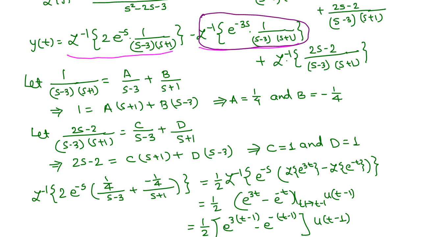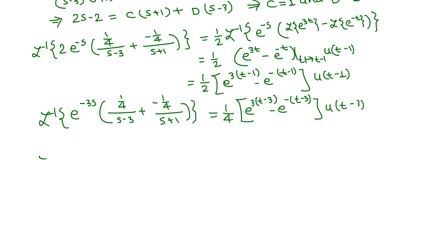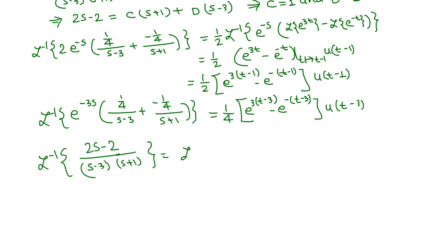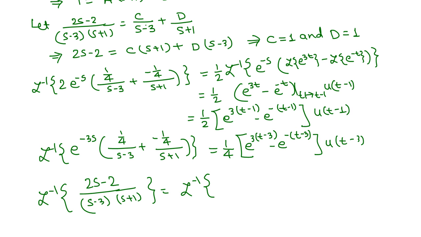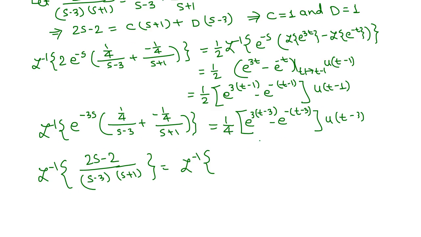Now we go for the third. In this case, 2s minus 2 over (s minus 3)(s plus 1) was in fact found with c and d both 1: c over s minus 3, d over s plus 1.